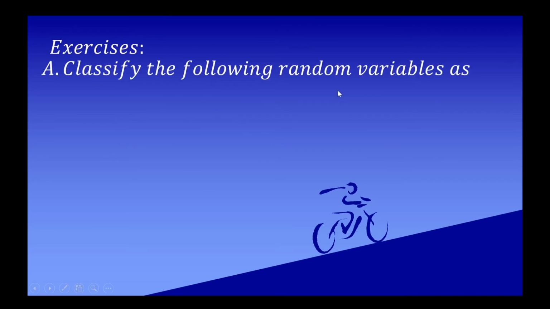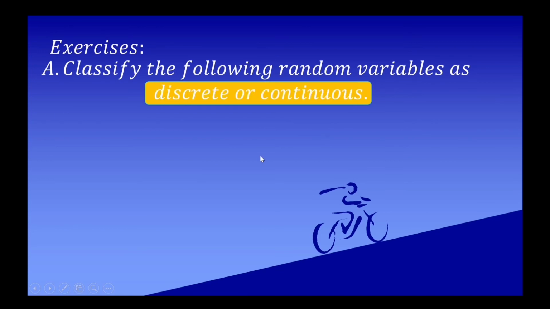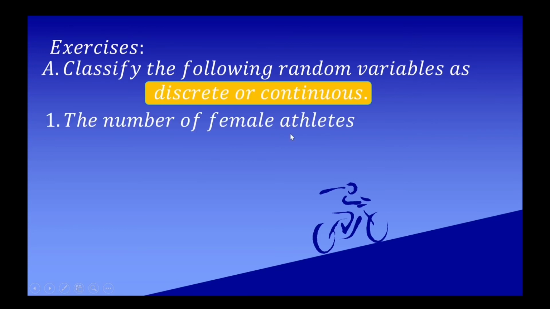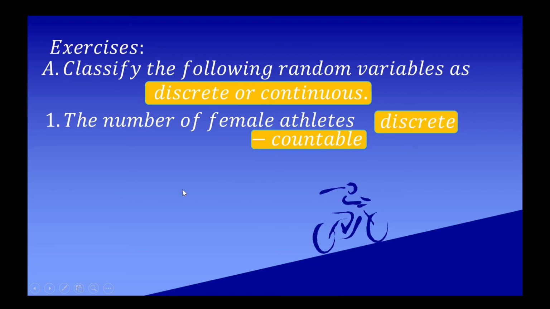So we have here the exercise. You have to classify the following random variables as discrete or continuous. Okay, number 1, the number of female athletes. Since the female athletes refers to a number that is countable, this is a discrete random variable.